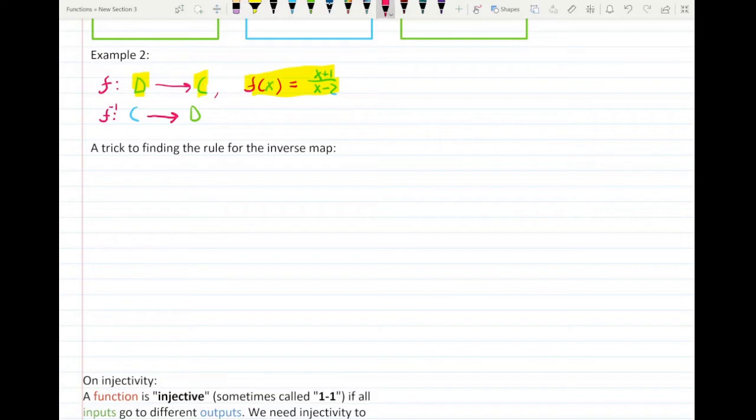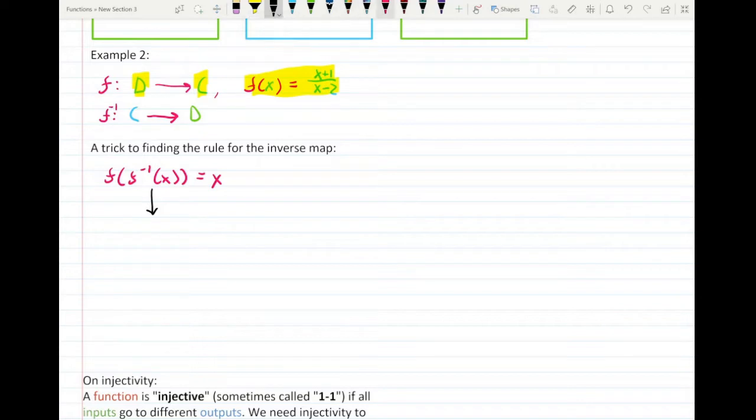So you start here with f of f inverse of x is equal to x. Now this is true by definition. It's pretty much how we define the inverse in the first place. So we know we can write this down. What you're going to do now is substitute f inverse into the rule for f of x.